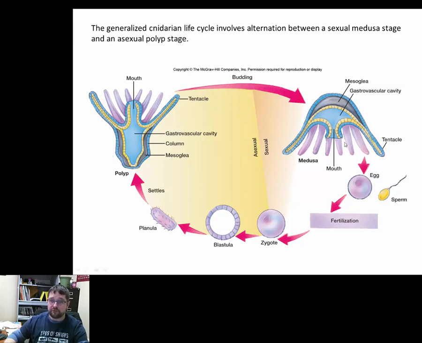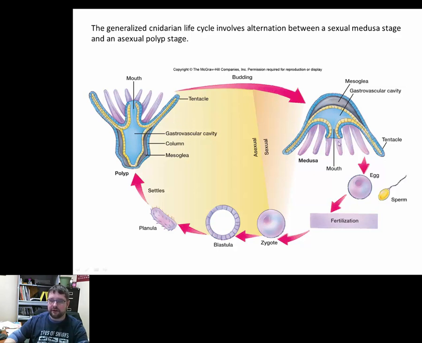And then you're going to have a medusa phase, which is the sexual phase of the organism. So the polyp phase would bud off, and eventually a bud would be removed and would form a medusa, the free-swimming phase. That free-swimming phase is what we often call jellies or jellyfish.